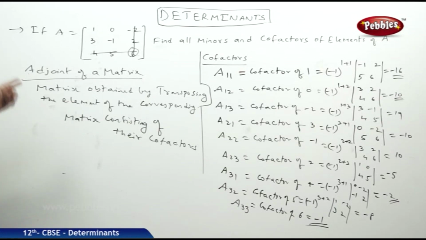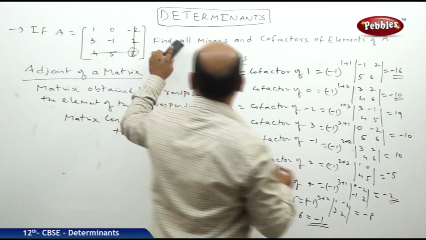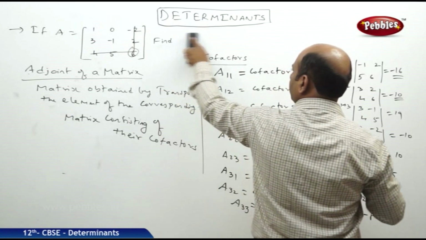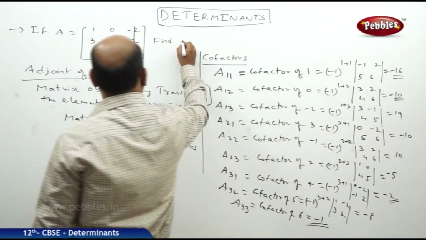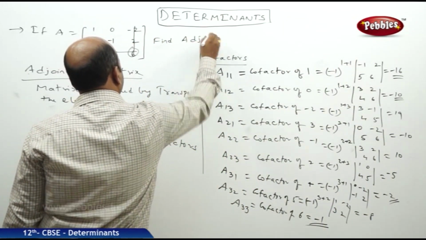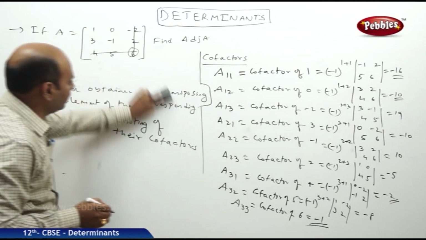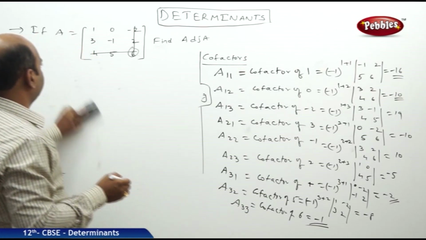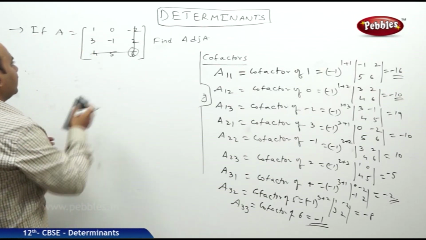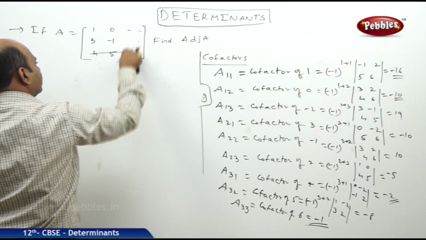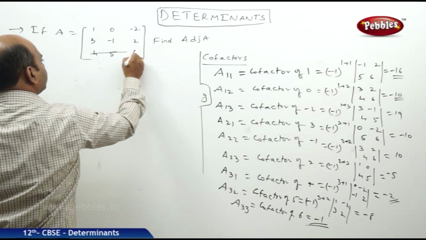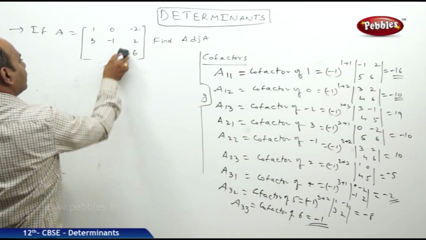That means if a question is given to us, find, if A is equal to something, find adjoint A. How will we do it? Observe carefully. Once again I write here neatly, this is minus 2, 2, 6, and here 4, 5.